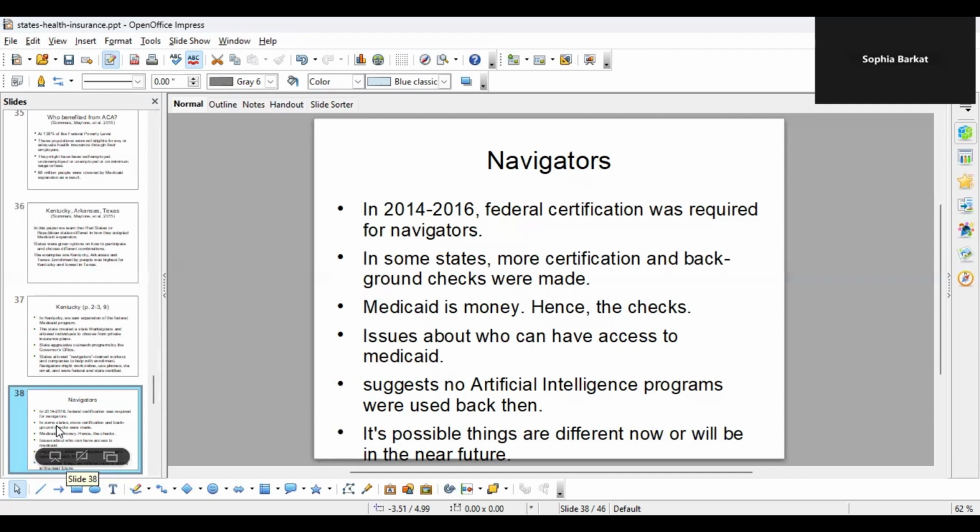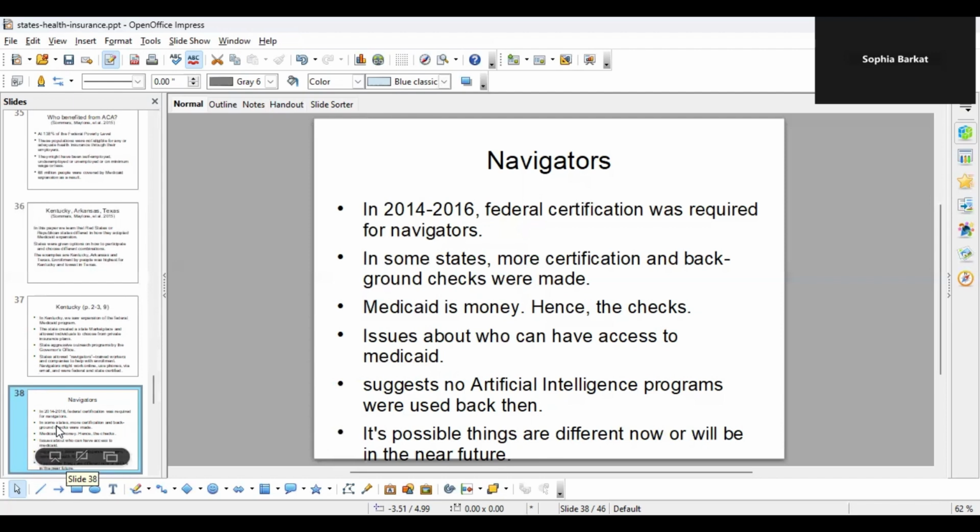Navigators were talking to people about helping them. And so to make sure that people have access and groups are not discriminated against, right? All of that had to be educated. They have to be trained about these things.